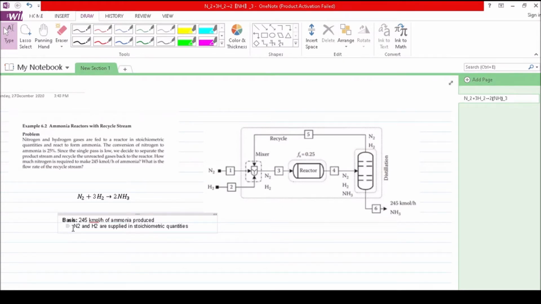So before simulating, it is best that we solve manually first so that after simulating we can validate if our answers are correct.